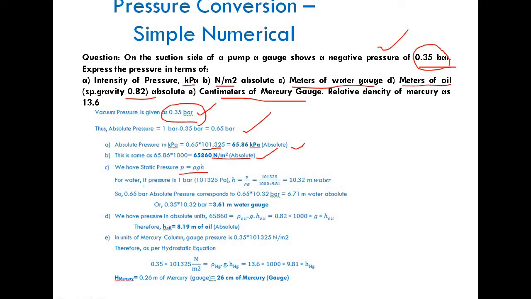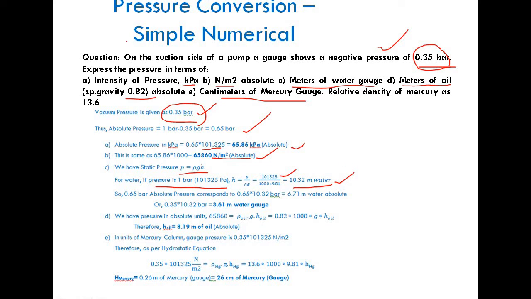So for water, if pressure is 1 bar, that is 101,325 pascal, what is h? h equal to P by rho g. P is 101,325 in pascals. You substitute the value in SI unit divided by rho of water, that is 1000, into g. That will give you 10.32 meters of water.